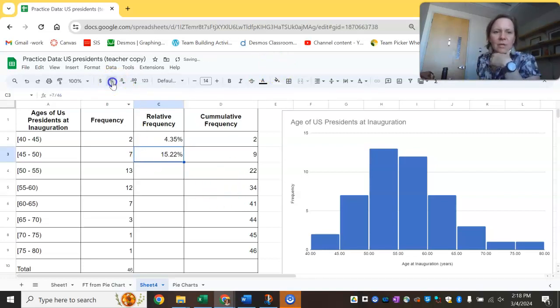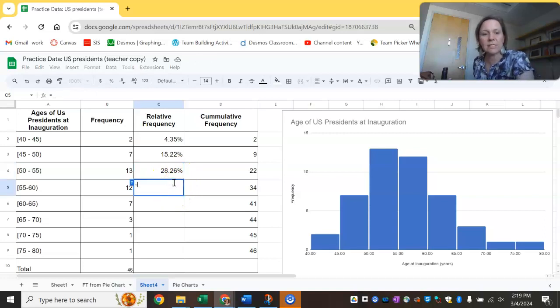And so you're doing the part divided by the total to get your percents. So 13 divided by 46. Not 6, 46. And little checks, the bigger the frequency, the bigger the relative frequency. So far this makes sense. My next one should be slightly smaller than the one before. And it is. It's 26% versus 28%.